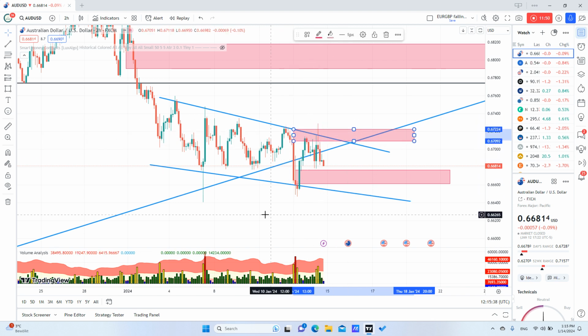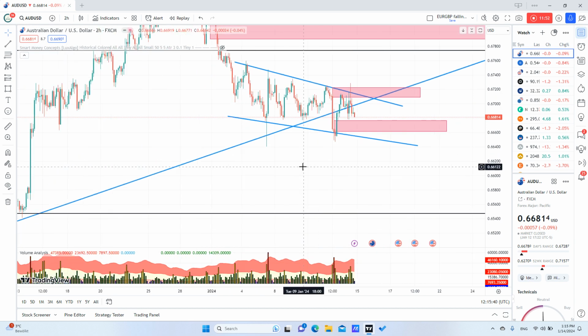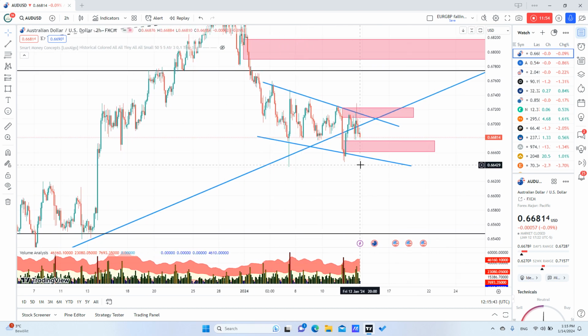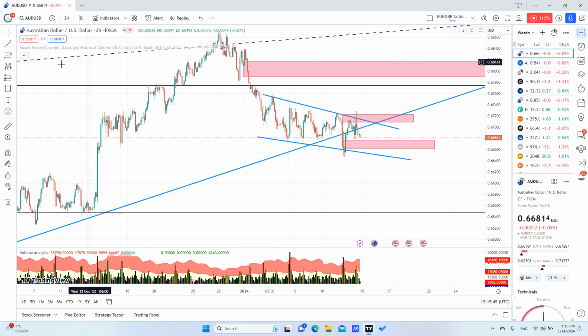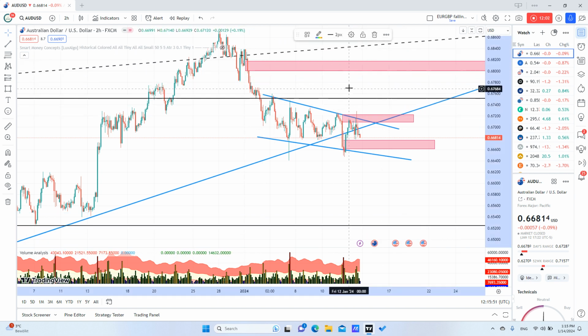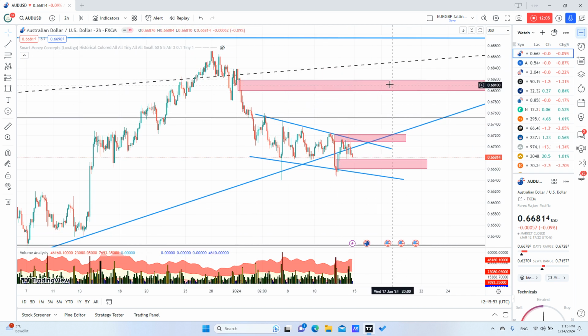I think it will go down a little bit, even though we have this liquidity here, and I would like to see price go to this area here, to this gap. If it goes here, I will enter a short position. Otherwise, I won't trade this setup here.